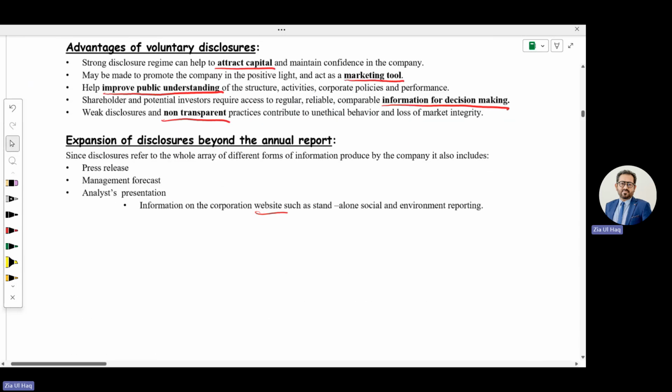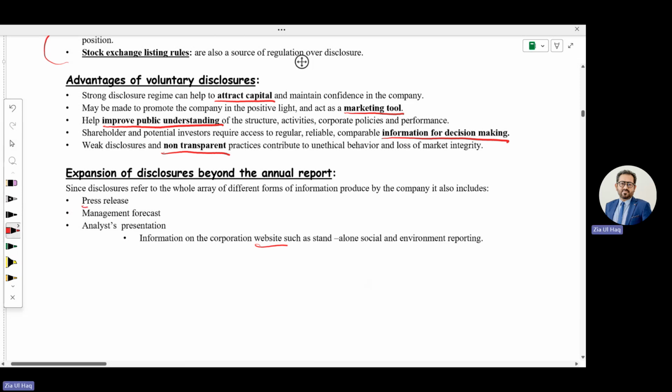A company can disclose through press release. Press release means newspaper. A company can disclose through management forecast, I mean a company can prepare its future plan and produce it. They can send it through letter or they can post it on their website.